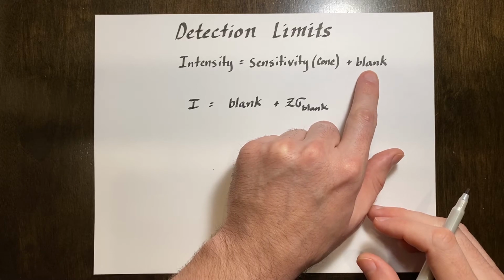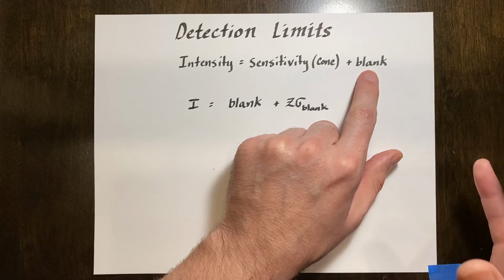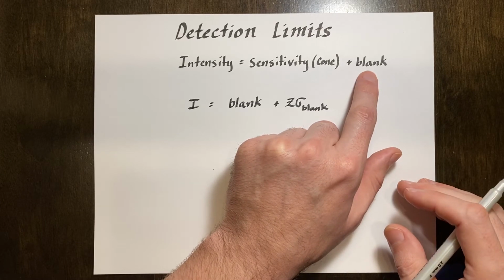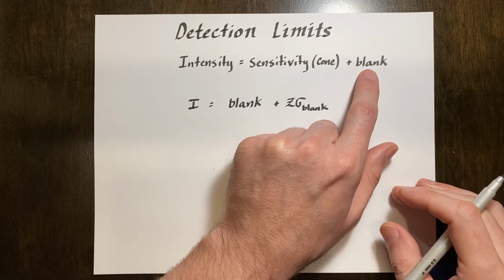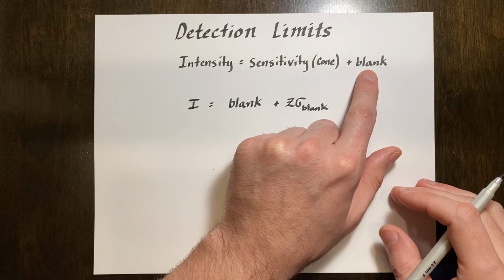Now, this blank sometimes gets thought of as a little bit of an afterthought, but this is very important, especially when we talk about variability in our blank, because this is really going to determine how low of a concentration we can detect.